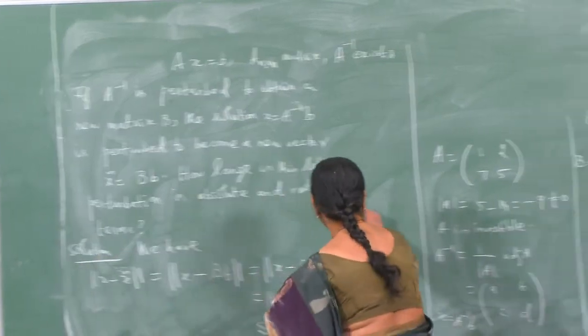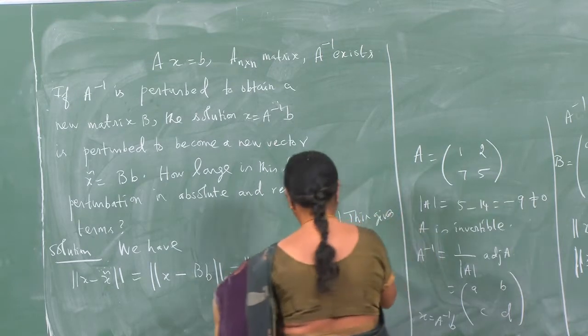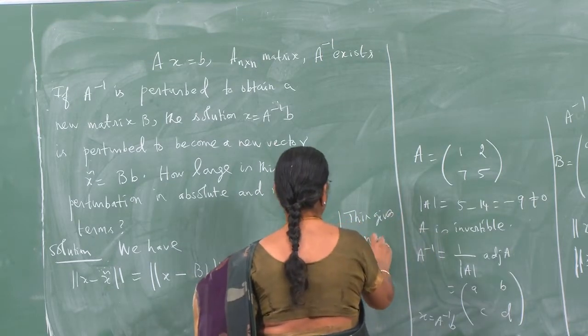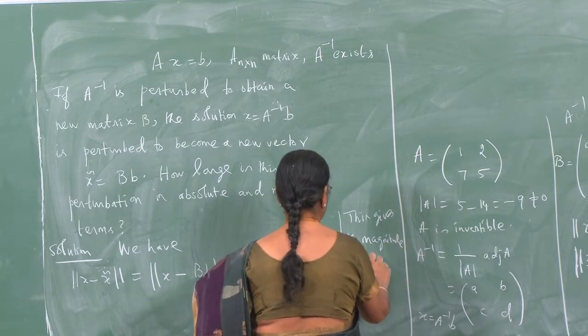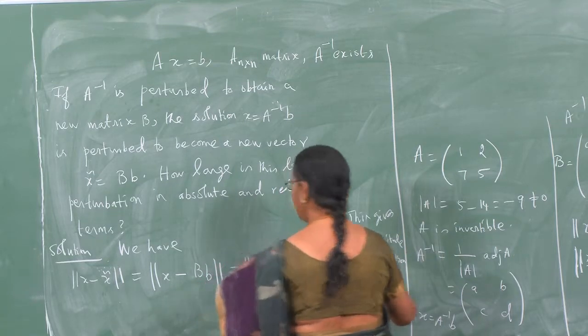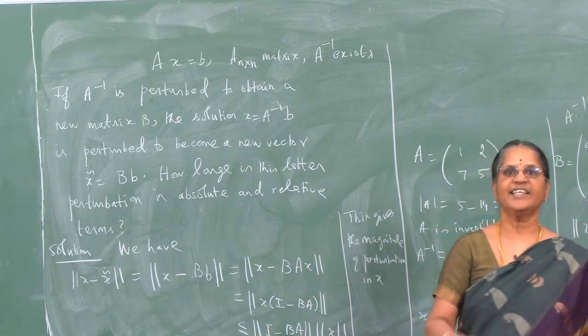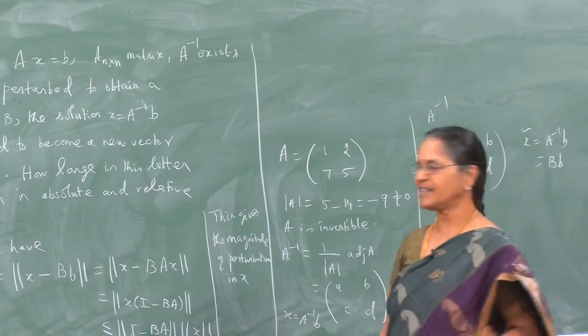So, this gives the magnitude of perturbation in x. What do you mean by perturbation in x? The change in x, the disturbance given to x.